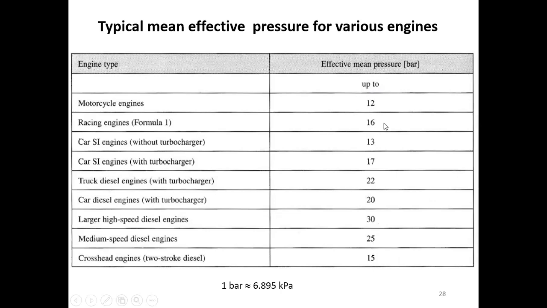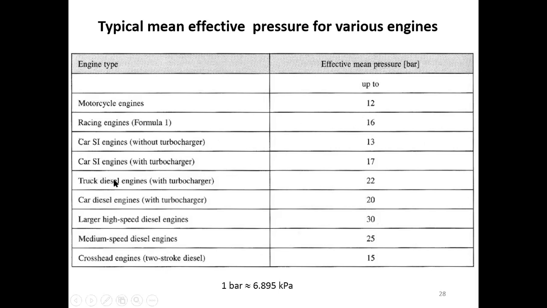That means you can use 8, 9, 10, up to 12. If you want to go higher than 12, again, you have to do a little bit of research on that. Racing engine, 16.